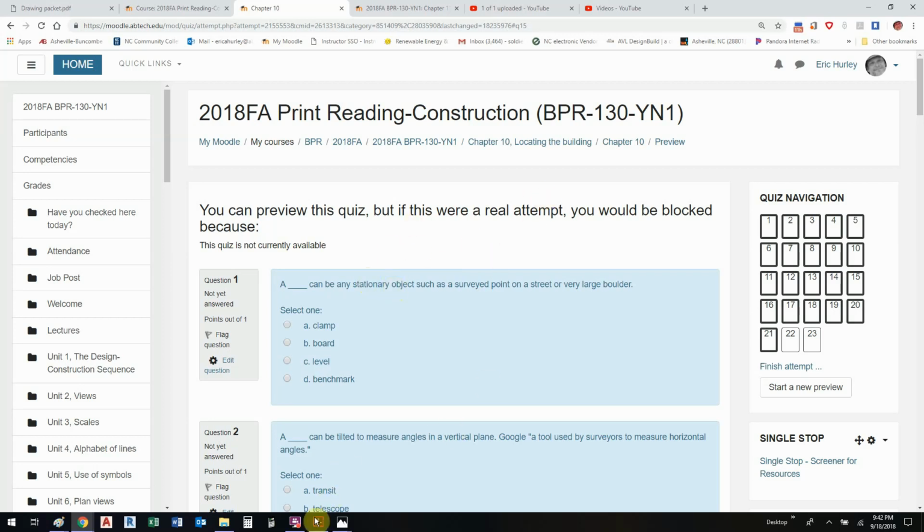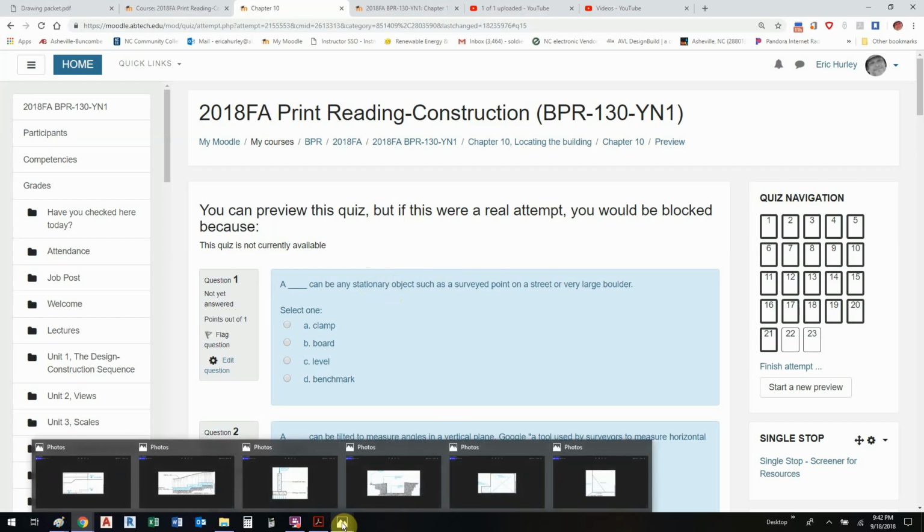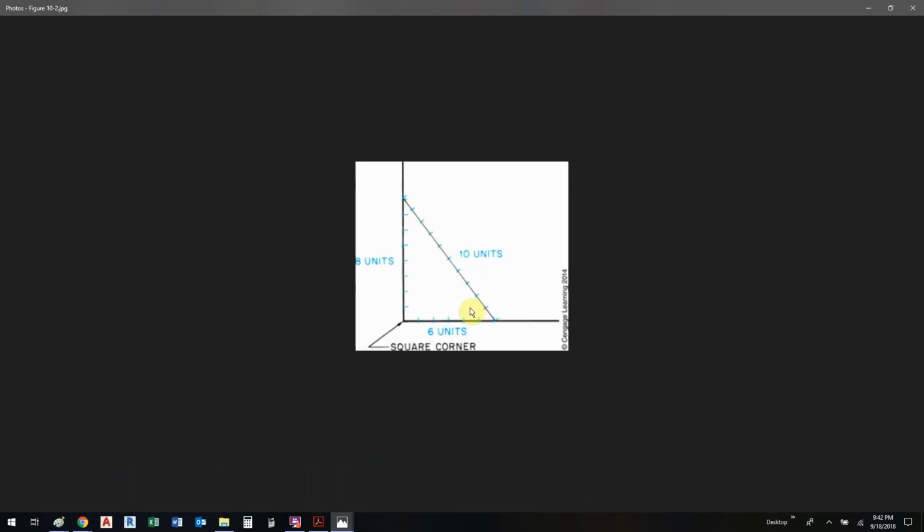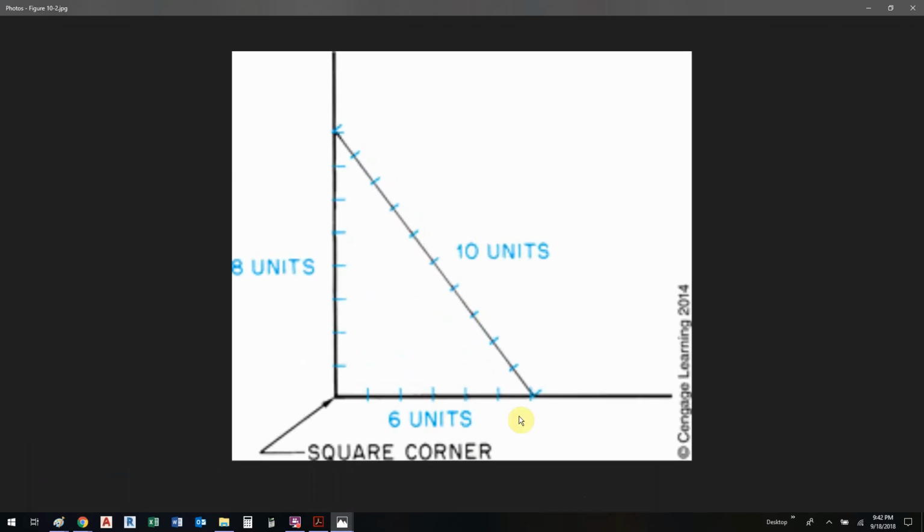So let's begin by looking at some of the things that the chapter unit talks about, beginning with the 3-4-5 method. 3-4-5 means that when we try to square a corner up on a house, and we use the batter boards, and you can see that on figure 10.4 of page 66.